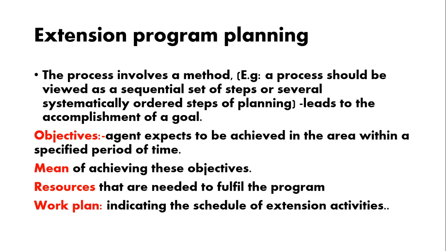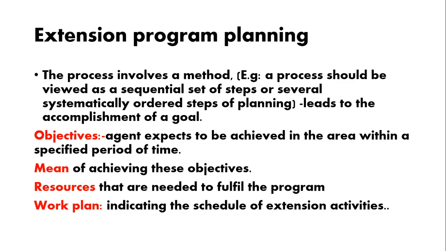That process includes a number of goals and objectives, and there are 4 basic categories or areas we have to think about in extension program planning. One is objectives, that means what the agent expects to be achieved in the area within a specified period of time.